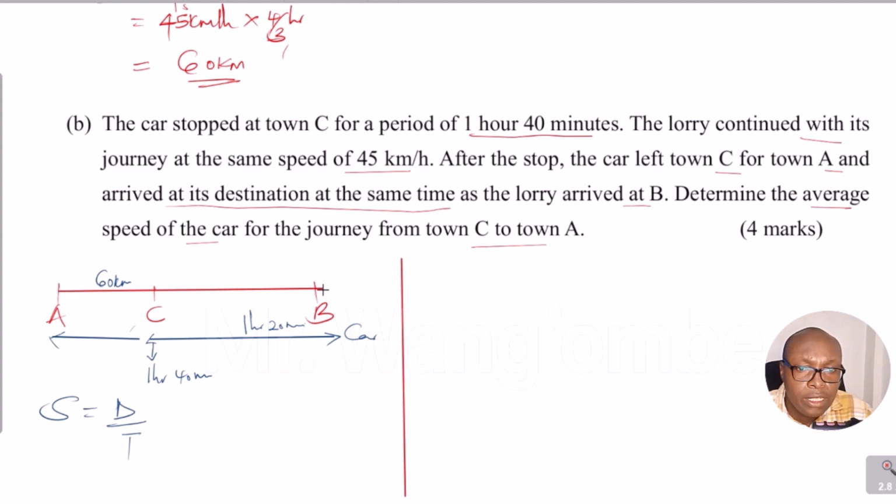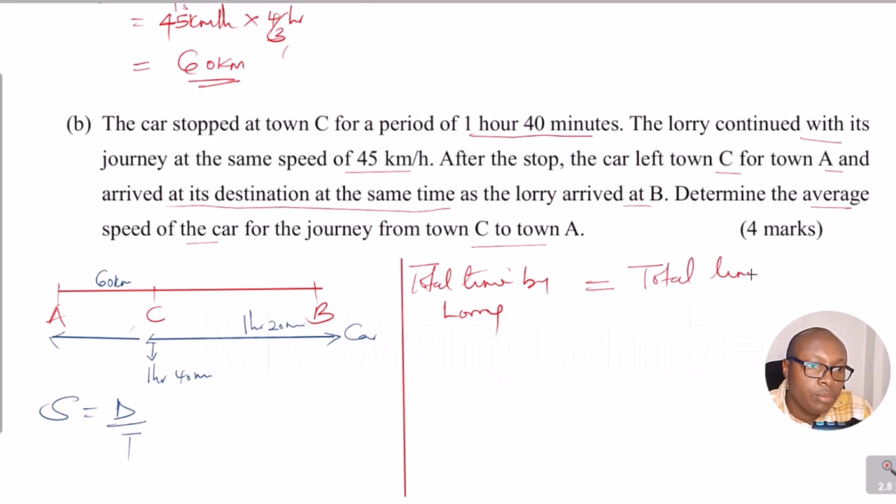So that tells us that the total time taken by the lorry for the whole journey should be equivalent to the total time taken by the car for the whole journey.